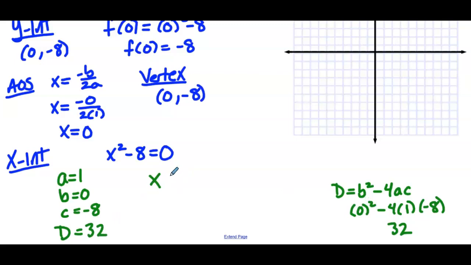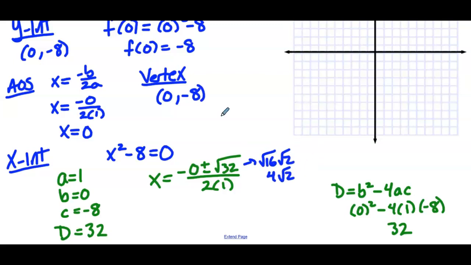So quadratic formula, x equals negative b plus or minus the square root of the discriminant, which is 32, all over 2a, so 2 times 1. Square root of 32 can be simplified into the square root of 16 and the square root of 2, which is 4 square root of 2.